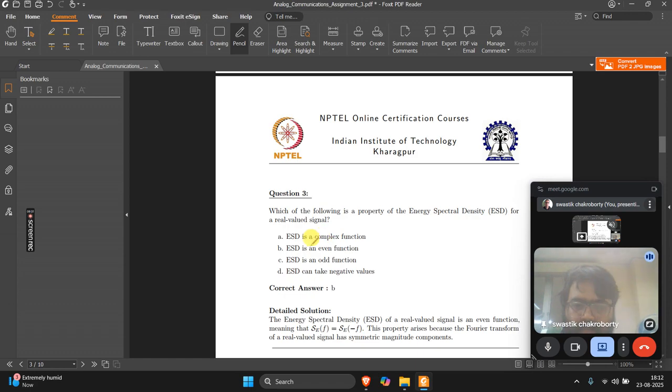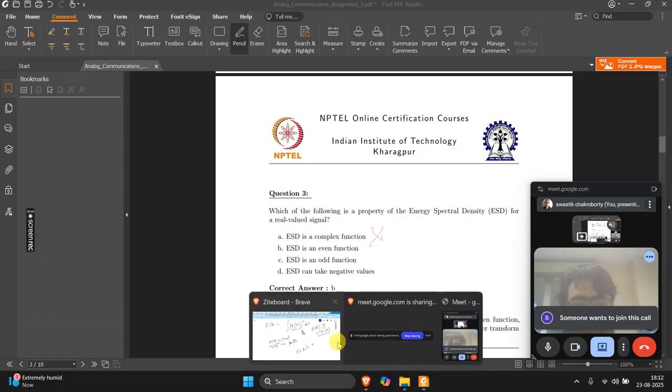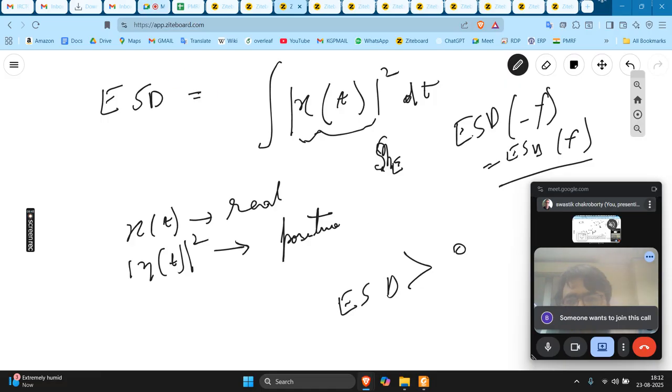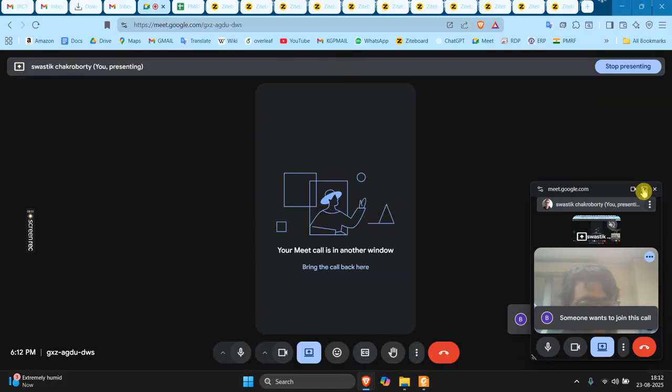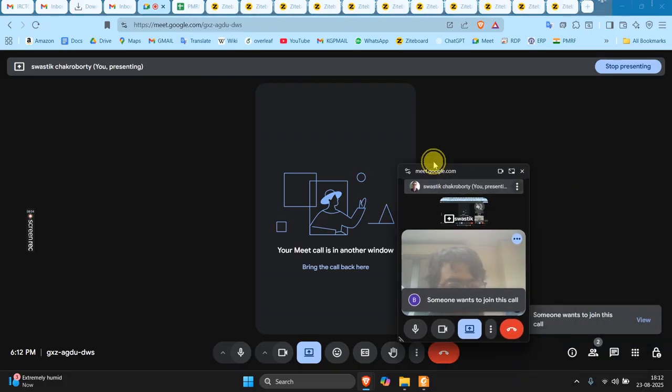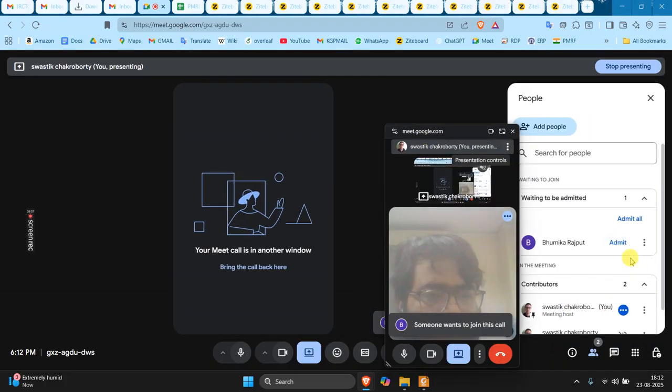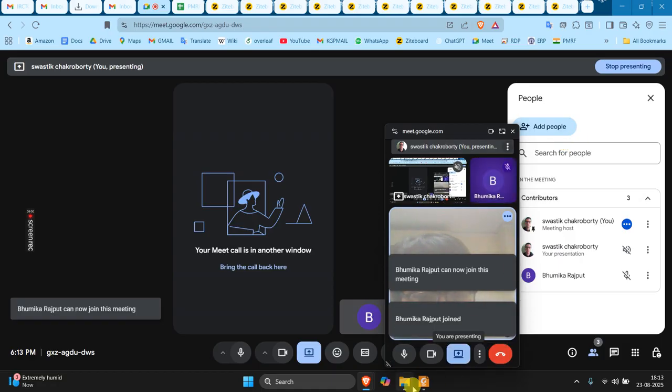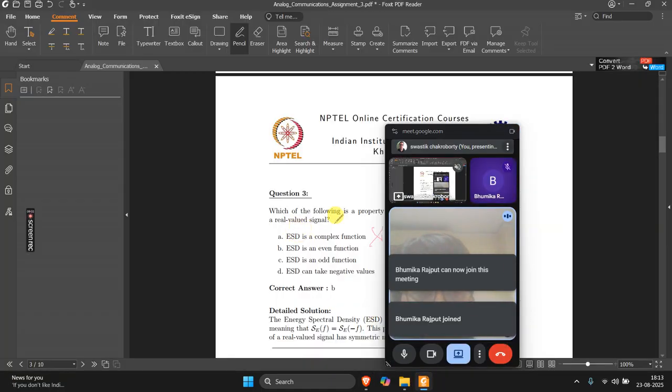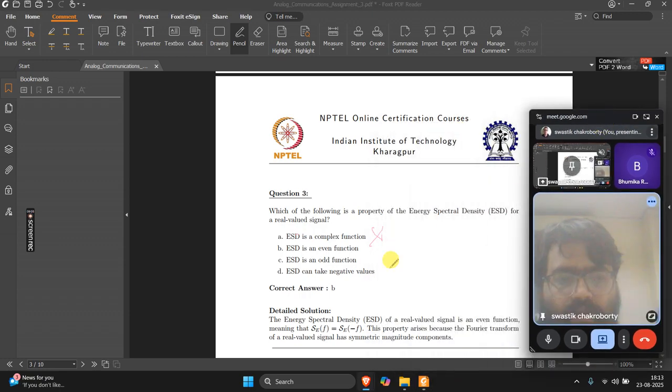ESD is a complex function. Wrong, because if xt is real, mod xt square cannot be complex. Even if xt is complex, it cannot be complex. ESD is always, by definition, a real function, because you are taking the magnitude of the signal.